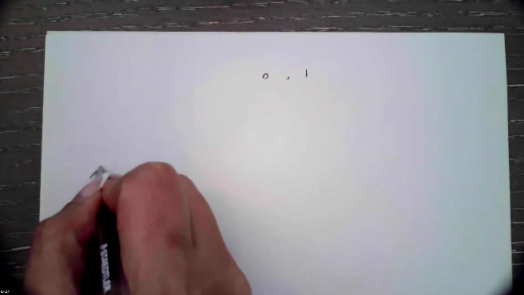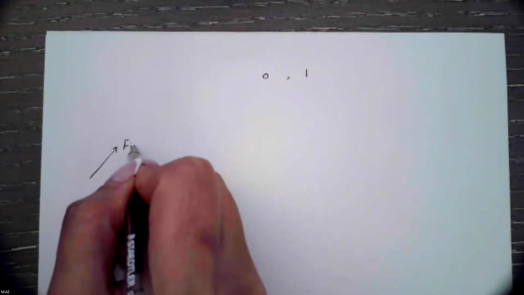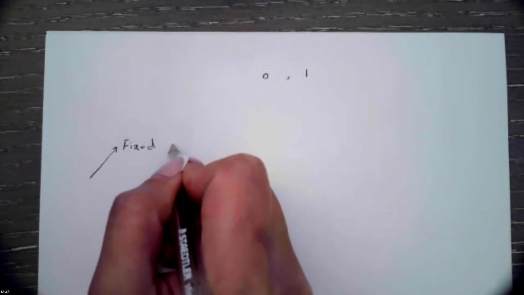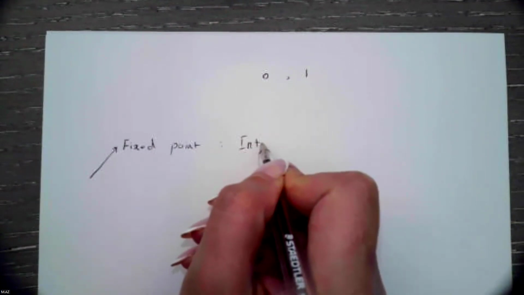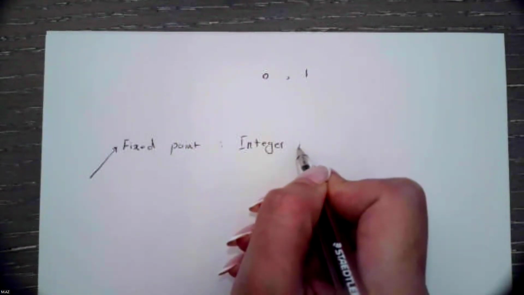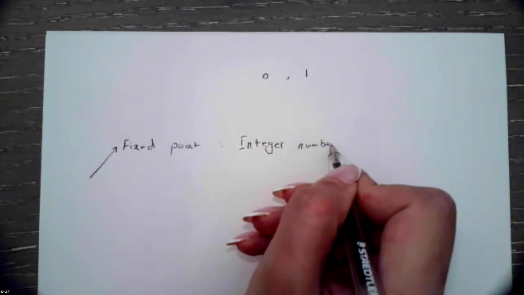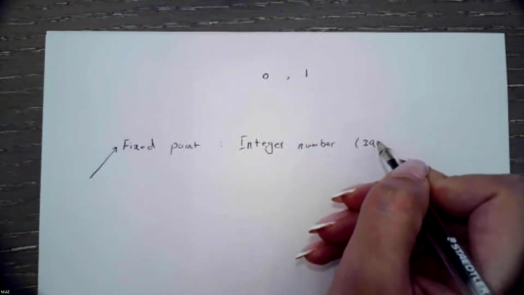There are two types of numbers we store and manipulate in our computations. The first one is called fixed point, that is related to integer numbers, such as 39.